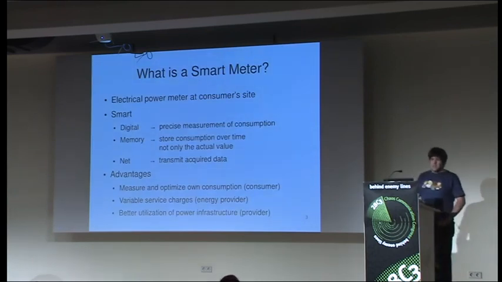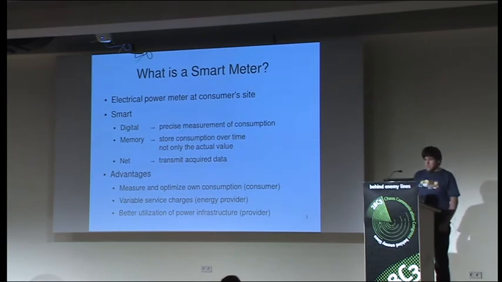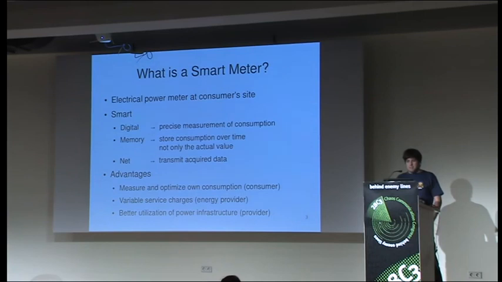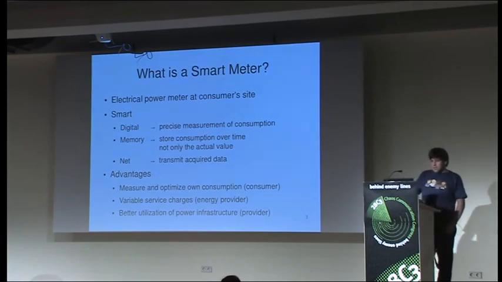A smart meter is an electrical power meter at the consumer side. So it's down in your cellar and it measures the power consumption. So why is it smart? It's smart because it's digital, so it's more precise and can measure the consumption very precisely. It has a memory, so it can store the consumption over time.